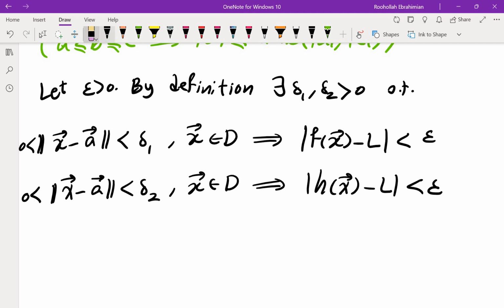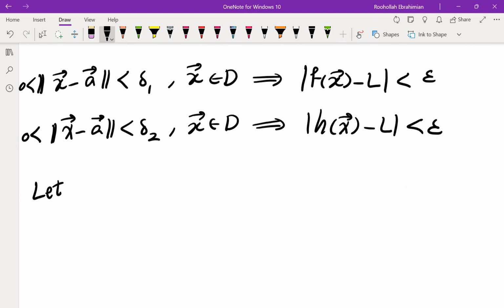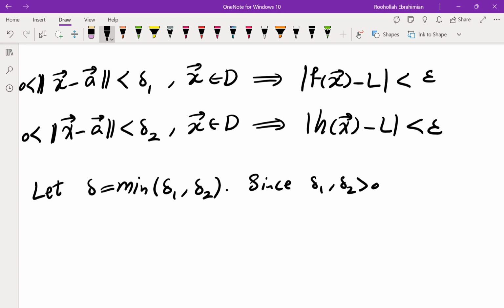Now we are going to take something that satisfies both of these. So let delta be the minimum of delta 1 and delta 2. Since both delta 1 and delta 2 are positive, delta would also be positive.